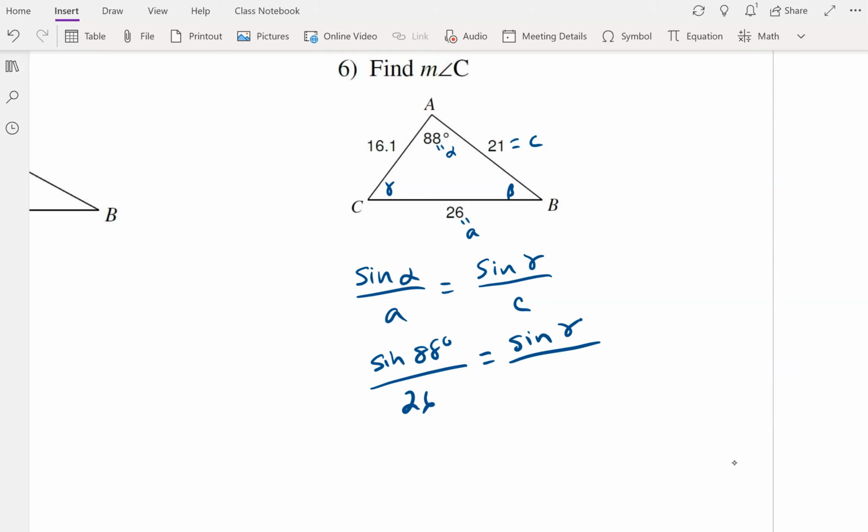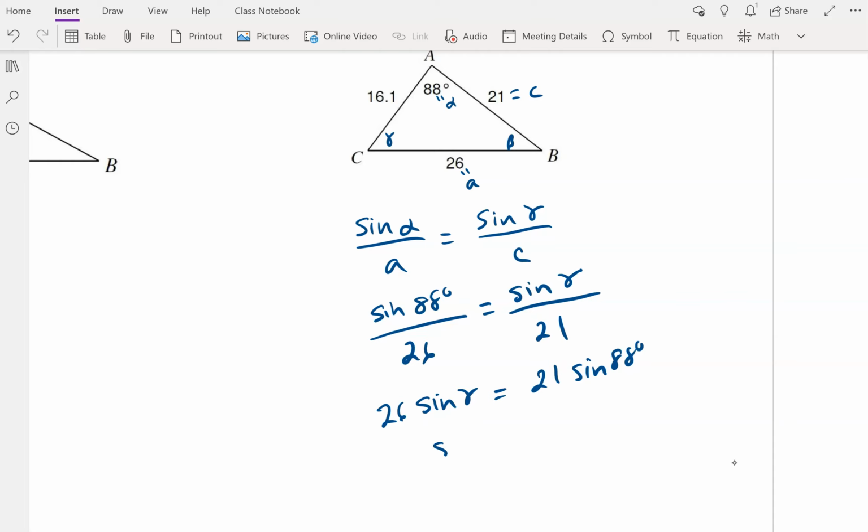I know my C is 21. So 26 sine of gamma is 21 sine of 88 by cross multiplying. Divide by our 26. I guess I could have just multiplied by the 21 and not cross multiplied in that case, but that's okay. 21 times sine of 88 degrees over 26.